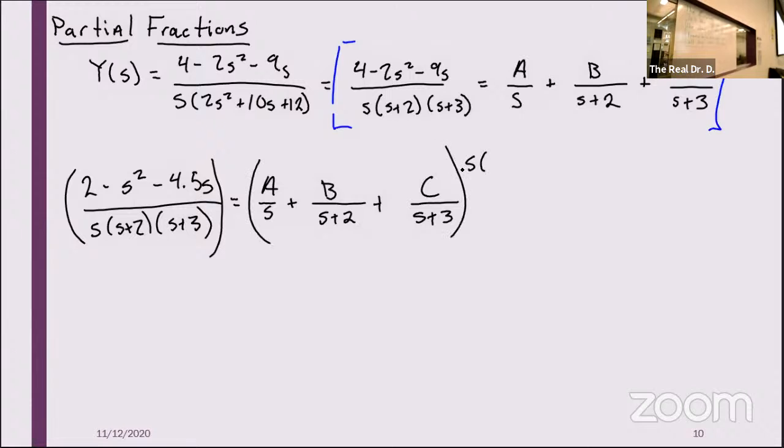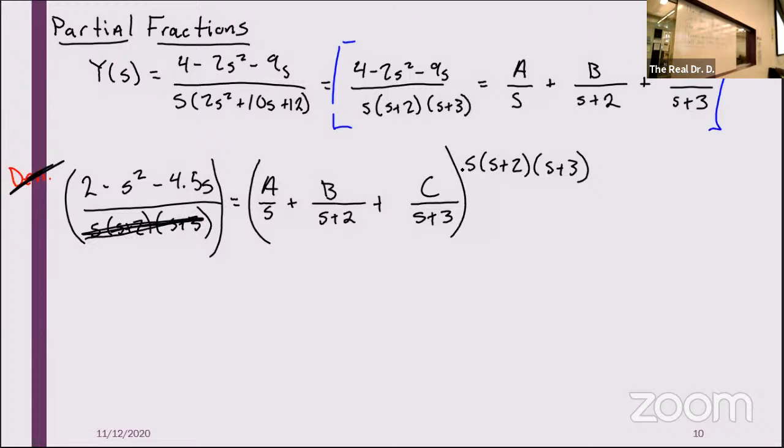So I'm multiplying both sides by this term. I'll write it in red just so we have a denominator. I'm multiplying by the denominator here; I just don't have enough room to write the whole thing. If I multiply through by s times s plus 2 times s plus 3, this and this will cancel.